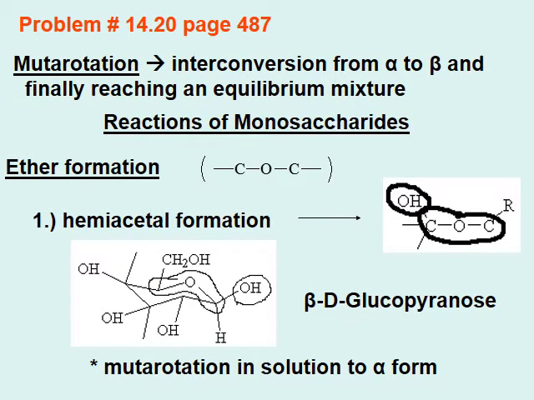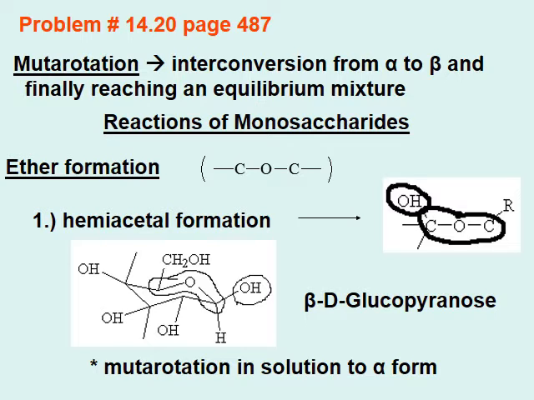This is called mutarotation, when interconversion happens from alpha to beta or beta to alpha, and finally it gives an equilibrium mixture.